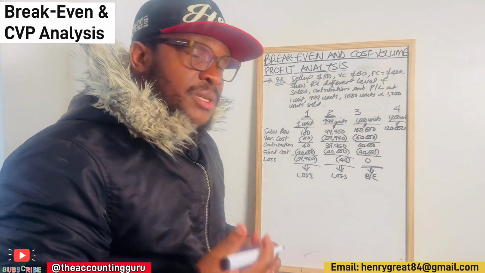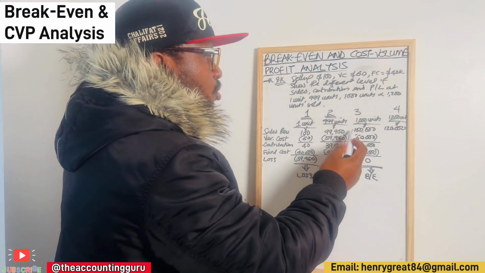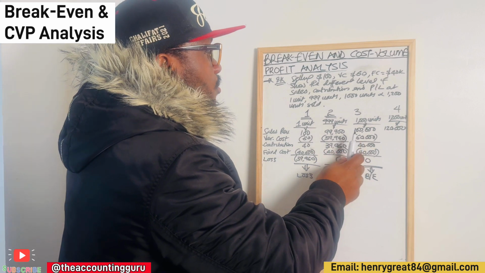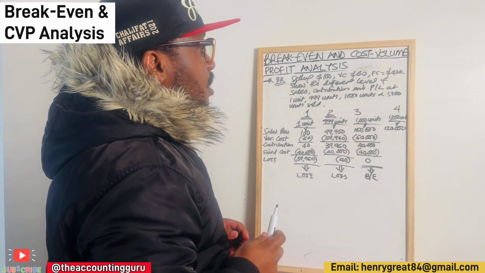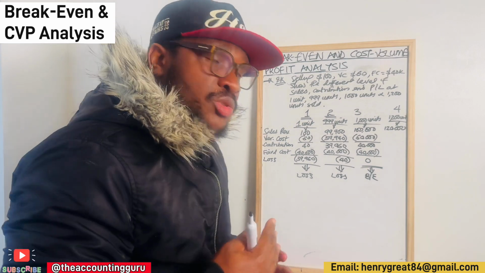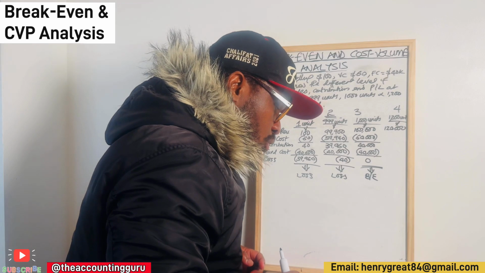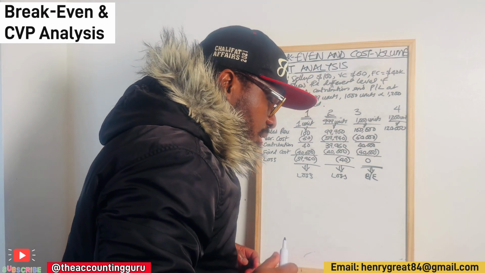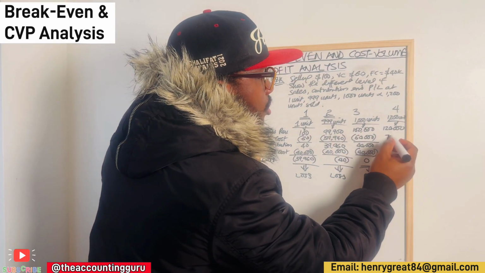Variable cost, as expected, too will increase because sales has increased from 100 to 120. So variable cost too will increase from $60,000 to a level that will commensurate with 1,200 units. So we have 1,200 units sold times $60 per unit. So variable cost here is 72,000.